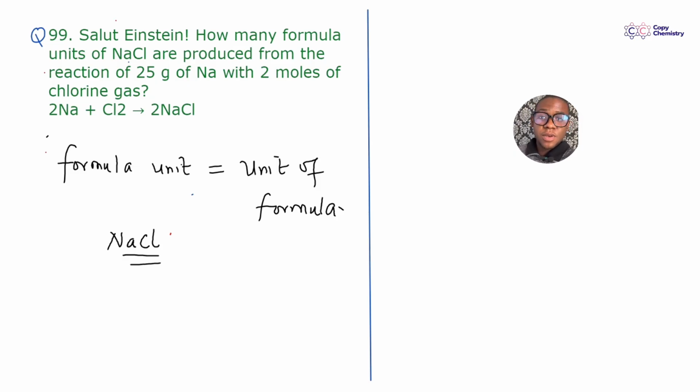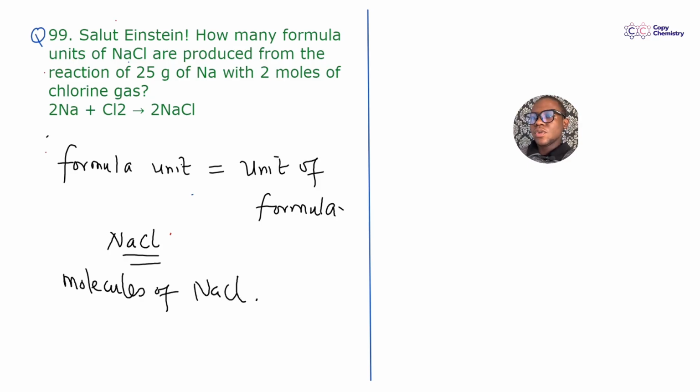So when you talk about formula units, it is the unit of a formula, and by unit you mean the smallest quantity, in this case a molecule. How many formula units of NaCl? How many molecules of NaCl? See that? Good. So now your life is easy. That's what they're asking us: how many molecules of NaCl are produced?